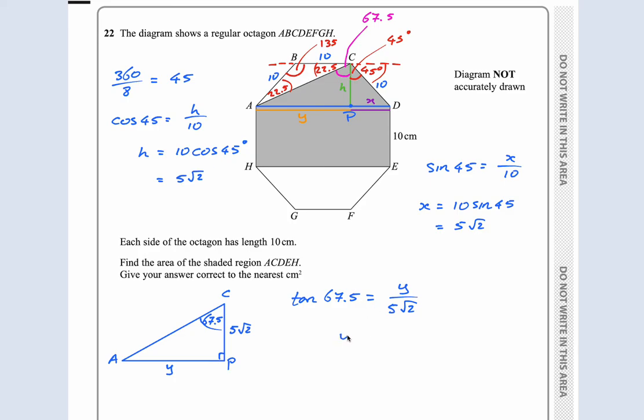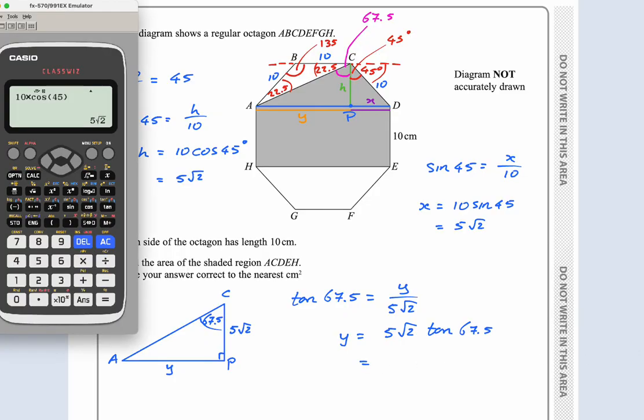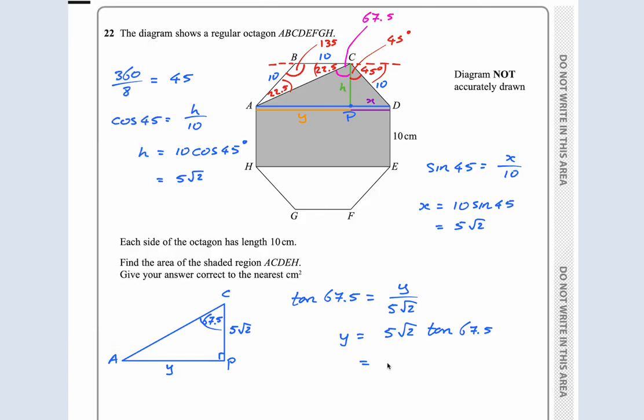Multiply across gives me y equals 5 root 2 times tan 67.5. 5 root 2 times tan 67.5 gives me 477.297.